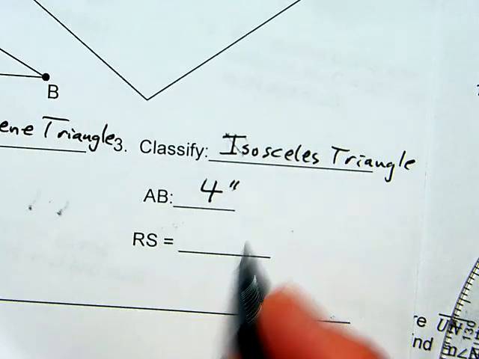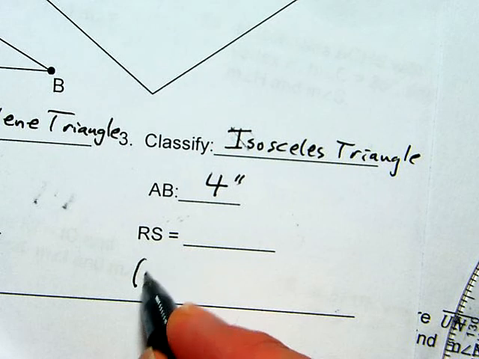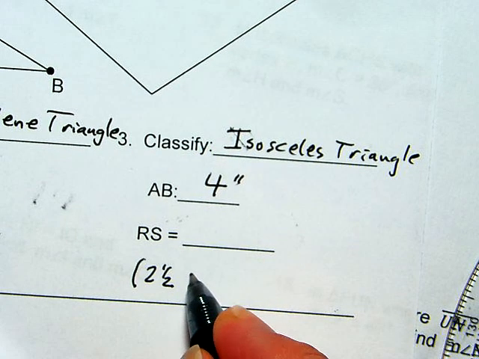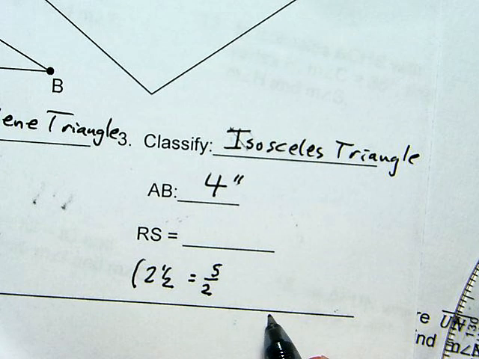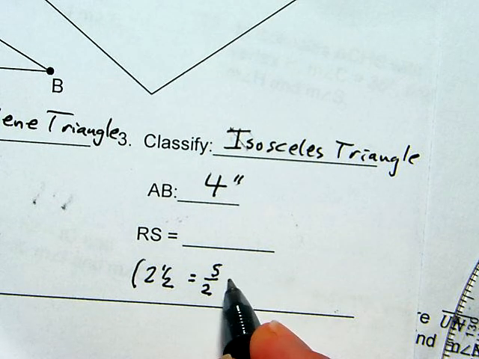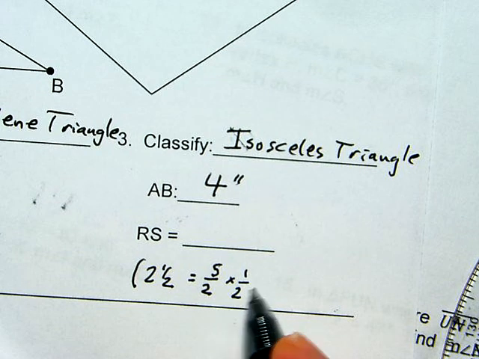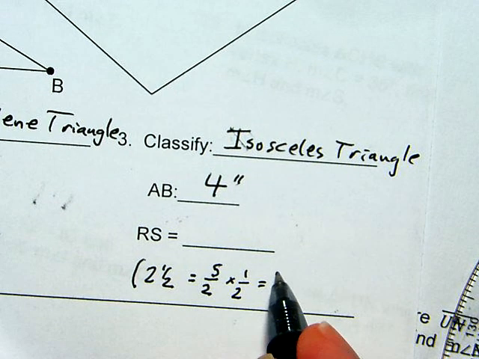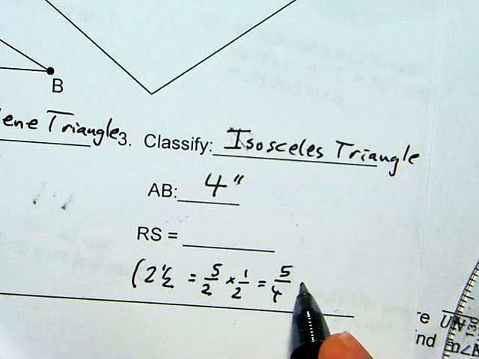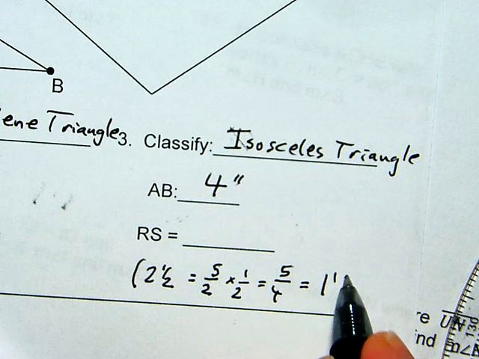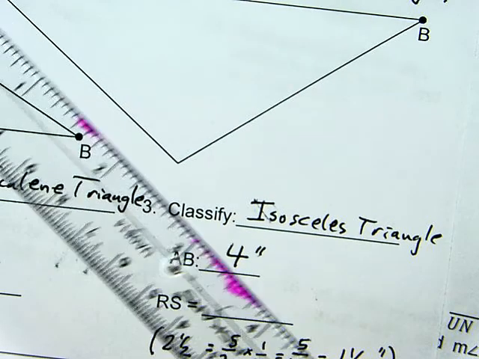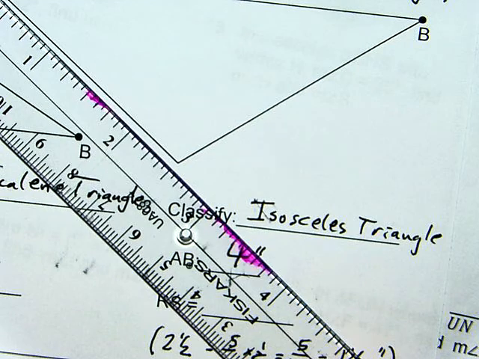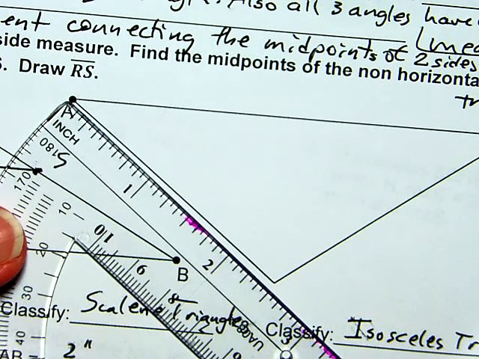Let's do some figuring here at the bottom. 2.5 inches is the same thing as 5 halves, the improper fraction. And we want to find a half of that, so we multiply it by 1/2. That gives us 5/4, which is the same thing as 1 1/4 inches.